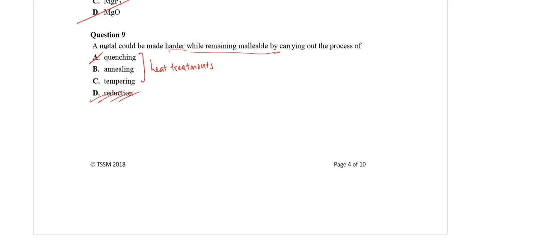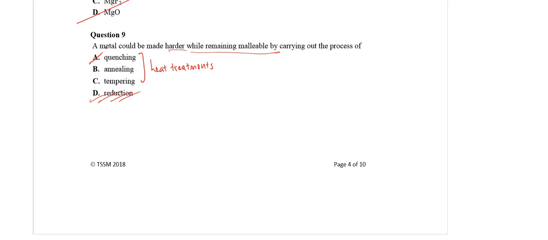Annealing is when you heat a metal to high temperatures and let it cool slowly. I do think that the metal remained reasonably malleable, like you could bend it back a few times. Wait, is that annealing?